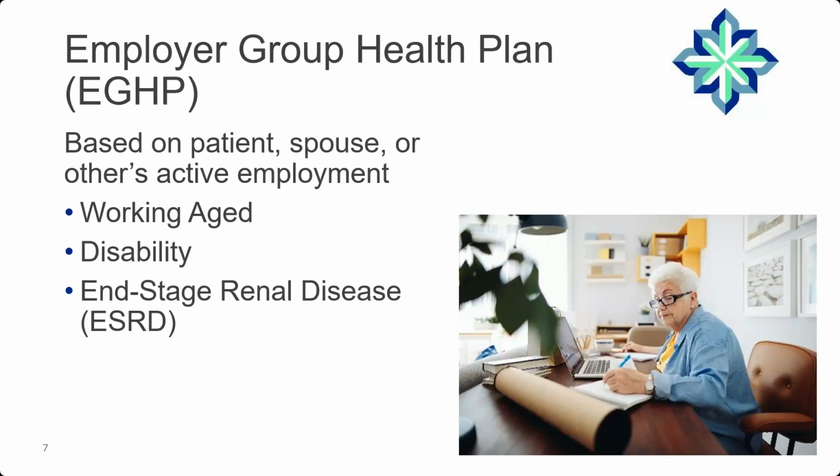Disability is for individuals under the age of 65 who are entitled to Medicare due to a disability, and they are covered by another insurance, typically referred to as a large group health plan, because they or a family member are employed at a company that has 100 or more employees. Then ESRD is for individuals who became entitled to Medicare because of permanent kidney failure that requires regular dialysis or a kidney transplant. And their group health plan is going to be primary for that coordination period, which is 30 months.